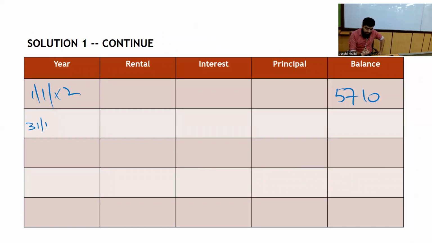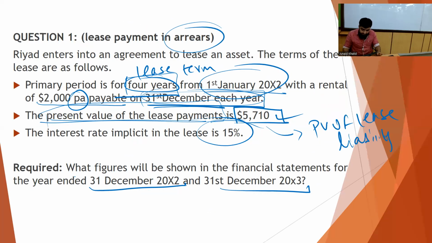So rentals would be paid at 31st December 2002. Am I right? On 1st January 20x2 there was a lease agreement, and at the end of the accounting period, 31st December 20x2, we will pay the rental. Another rental would be paid at 31st December 2003. The third rental would be paid at 31st December 2004. So how many years is the lease agreement for?